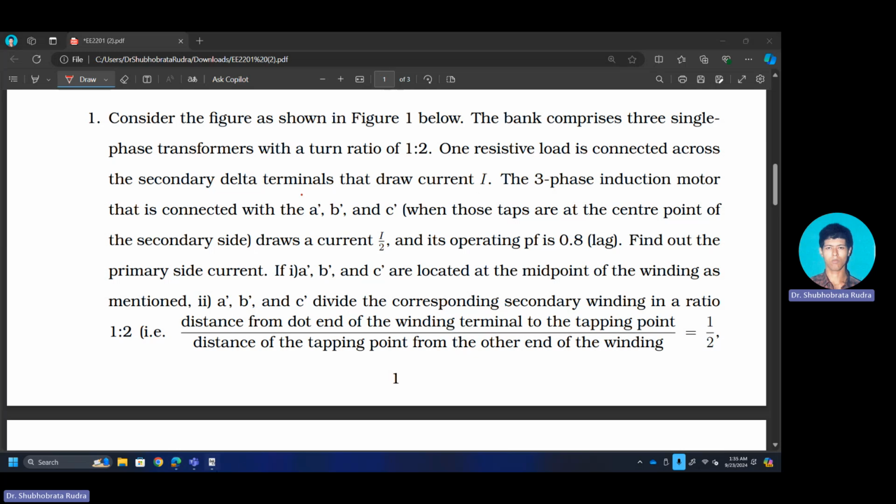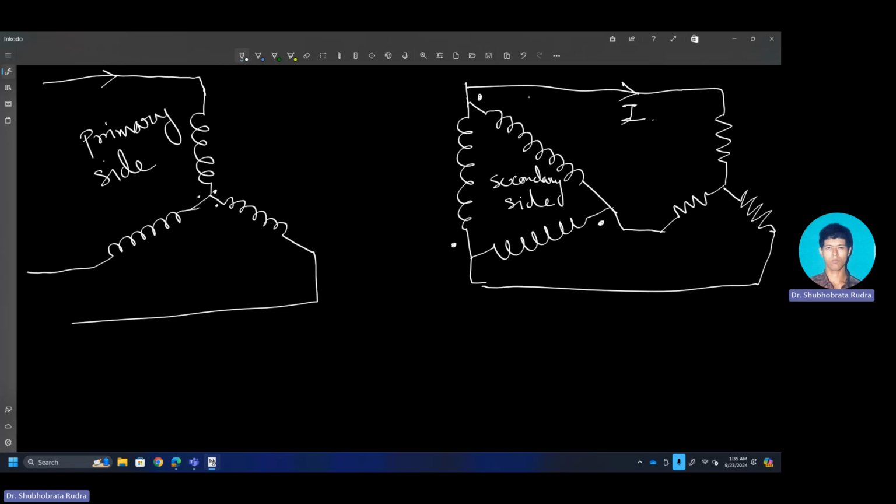Mind you, this I is the line current, therefore we can assume that each phase is drawing I by root 3 amount of current. Now, if I have to write down the equation, the equivalent ampere-turns balance equation is very important, rather the entire solution hinges upon it. So I can write N1 I1 is equal to N2 I2.